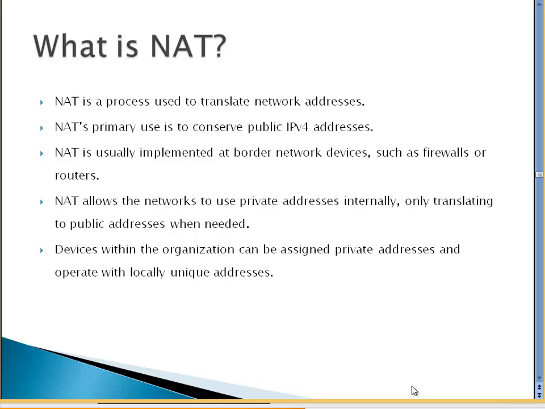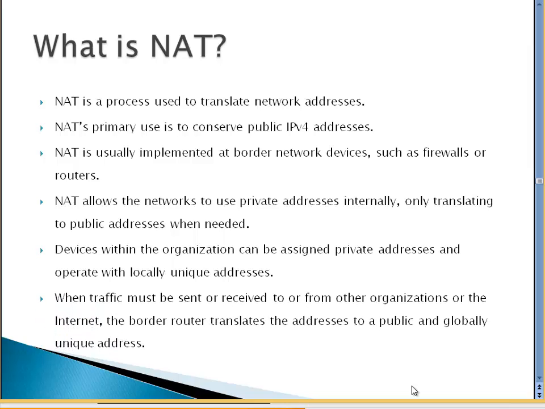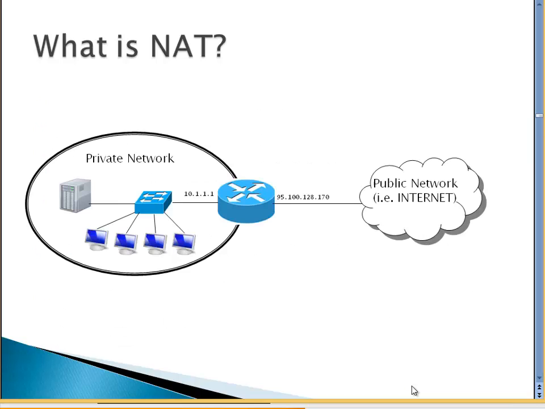So devices within the organization can be assigned private addresses and operate with locally unique addresses. When traffic must be sent to or received from another organization or the internet, the border router translates the addresses to public, globally unique addresses.